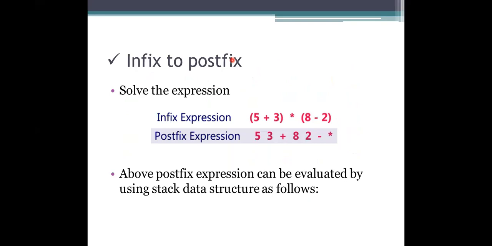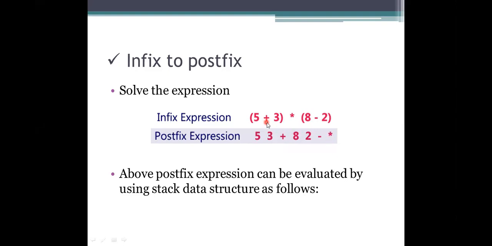First we need to consider an infix expression, and we have to convert it to postfix. Likewise in the previous example, here we are using two addition operations, one addition and then one subtraction, and then we are multiplying with that.